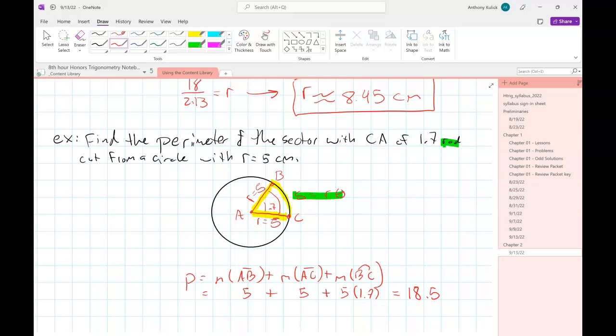What's my unit? Centimeters. Yes, Ariane. Of course. What do you guys think? Okay? No biggie. One more example.